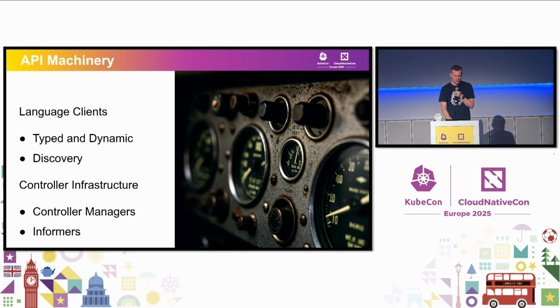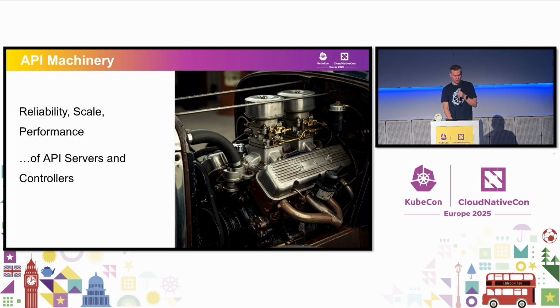We also provide the controller infrastructure. The kube controller manager as a framework is our responsibility, and more generally, controller managers are our responsibility. All the infrastructure to build those is things that we work on. That includes the informer infrastructure, the watch mechanism, all of that to have efficient controllers running in your control planes.